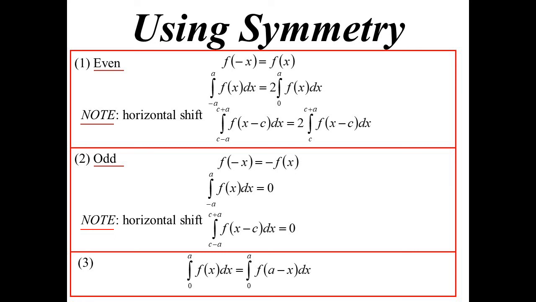This one certainly comes in handy. The integral from 0 to a of f(x) is the same as the integral from 0 to a of f(a - x). And that has to do with the fact that you've shifted, but you've also reflected because of the minus x, and you end up with the same area. It's easy enough to prove, and I'll do it via substitution. So we want to find the integral from 0 to a of f(a - x). If I let u = a - x, then du = -dx.